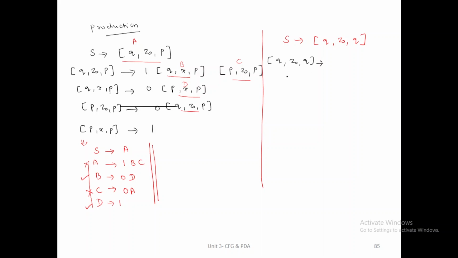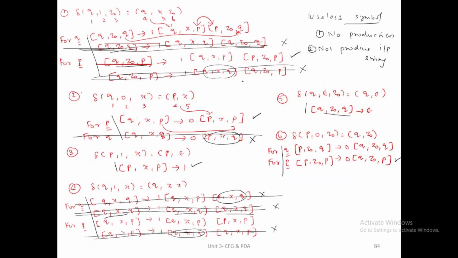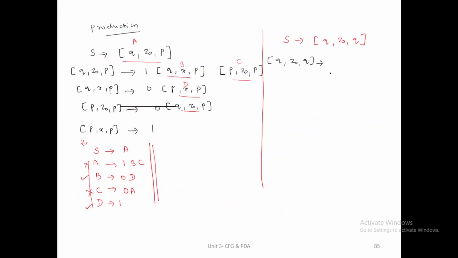Once again I search for that production here. [Q,0,Q] is 1 [QXP] [P,0,Q]. So these are all new variables. I want to write the QXP value and also the [P,0,Q] value here.